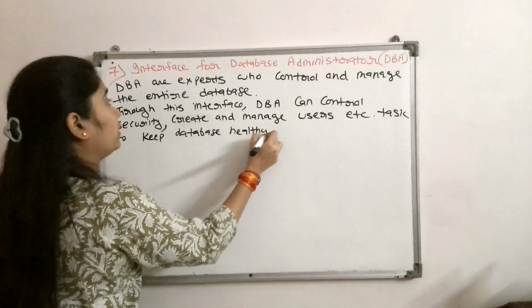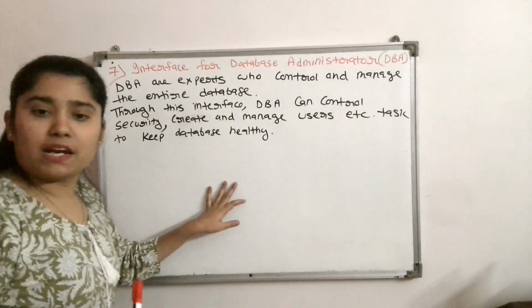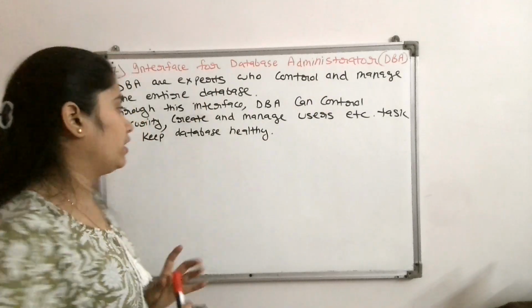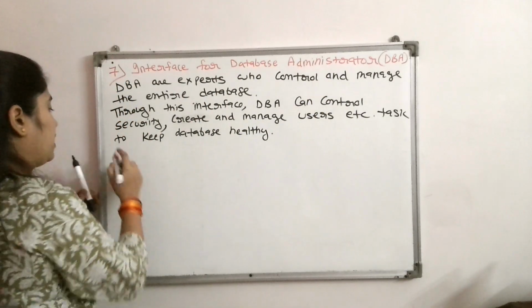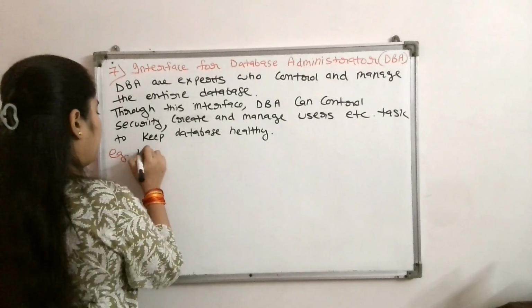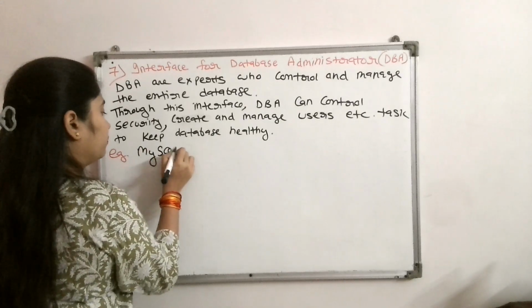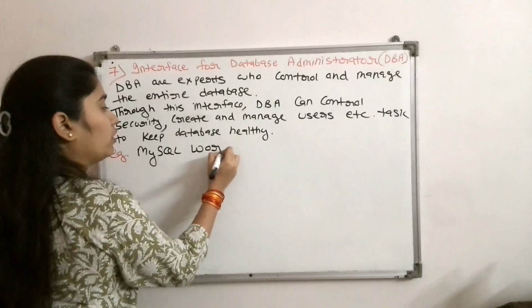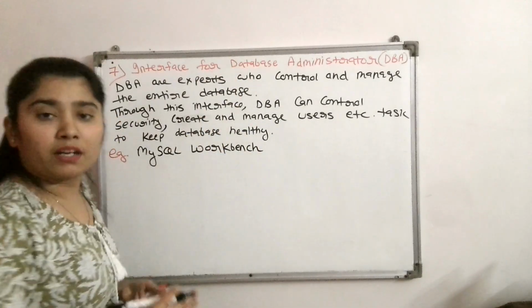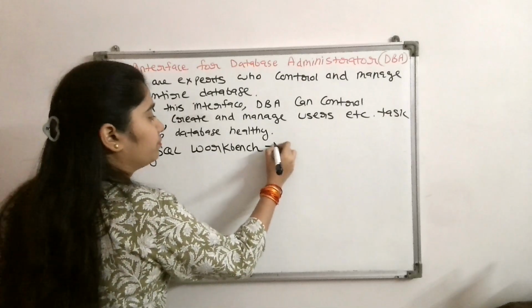I hope you are clear with the interface for the database administrator, who the database administrators are and the purpose of this interface. The example we have also seen is MySQL Workbench. Now, how is MySQL Workbench an example of the database administrator interface?